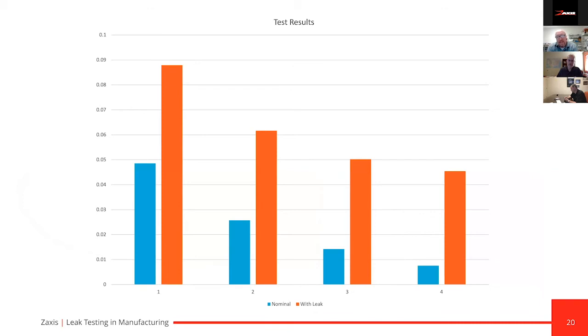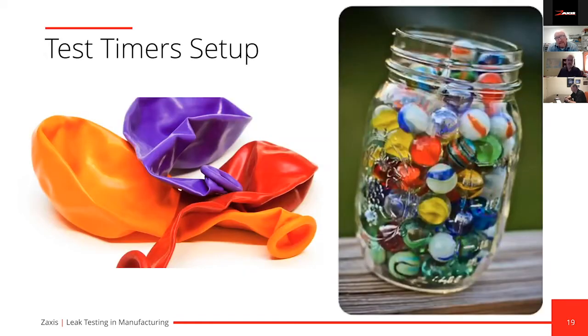The other thing I'd like to go back to, the previous slide, also has an example that's easy to understand of elastomeric creep, and that's the party balloon. Compliance, or stretch, or part movement will also play a part in understanding where we want to set our test times.